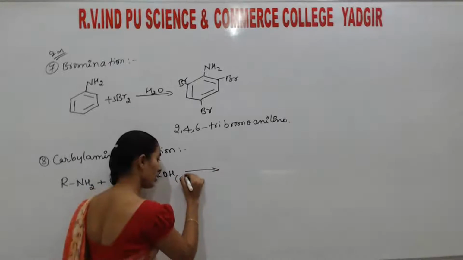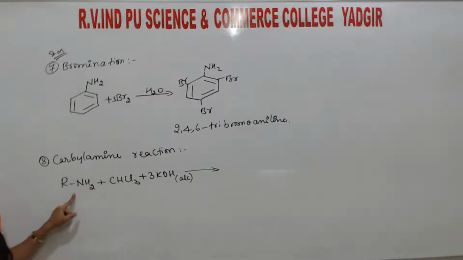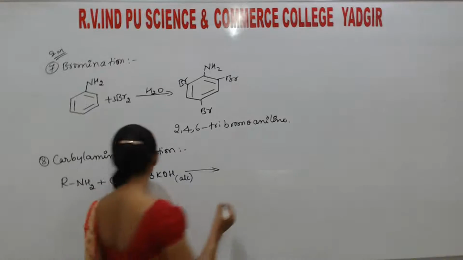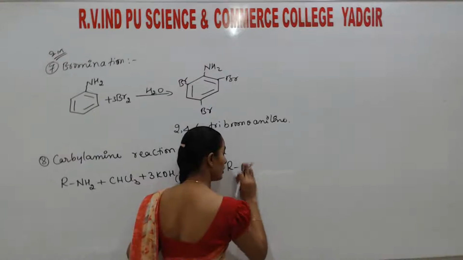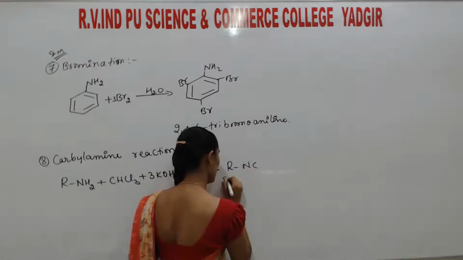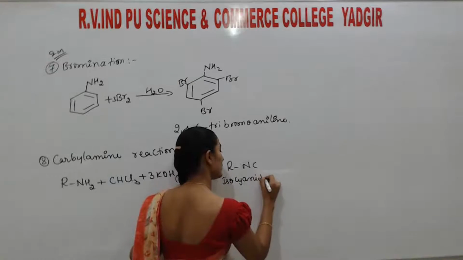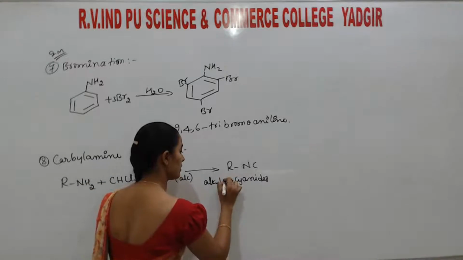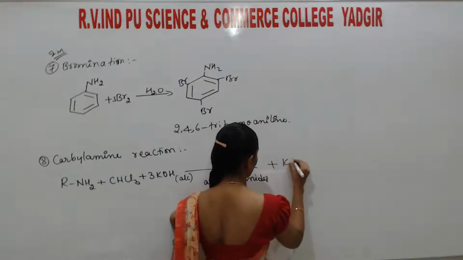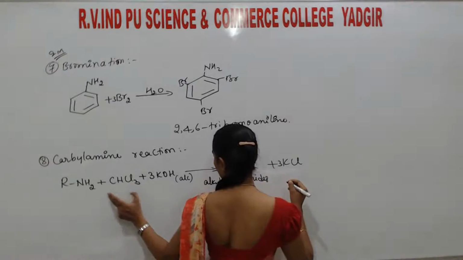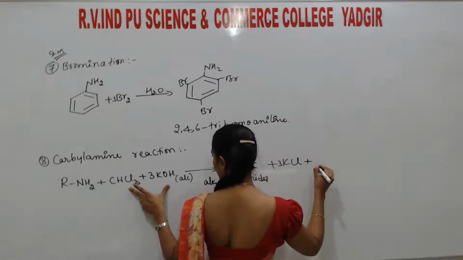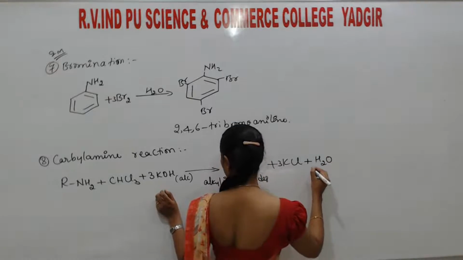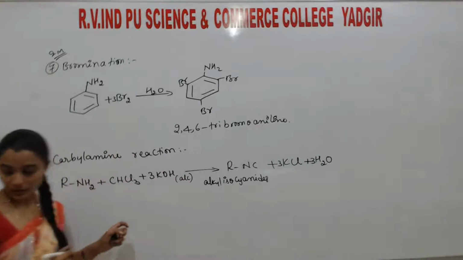Which type of KOH? Alcoholic KOH. Means primary amine is treated with chloroform in presence of alcoholic KOH forms RNC compounds, means alkyl isocyanides, along with 3 KCl plus 3 H2O.